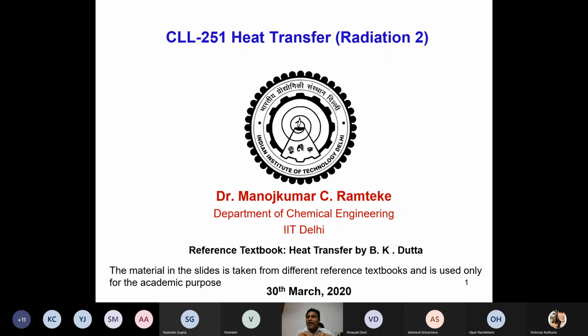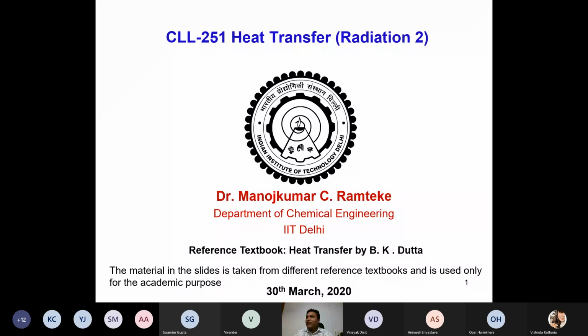When we have infinitesimally long bodies, all the radiation emitted by body 1 is intercepted by body 2, and in a similar manner all the radiation emitted by body 2 is intercepted by body 1, isn't it? So because of that, we don't have to look at that directional nature.